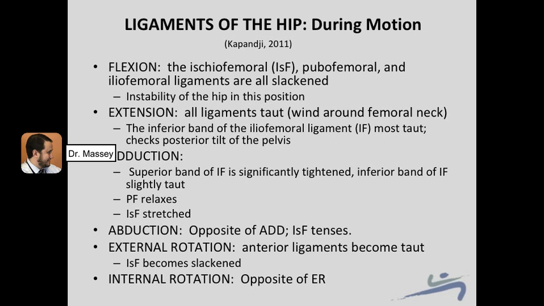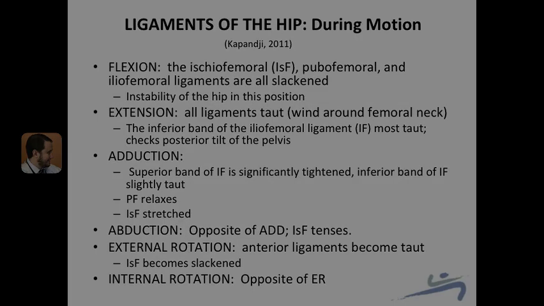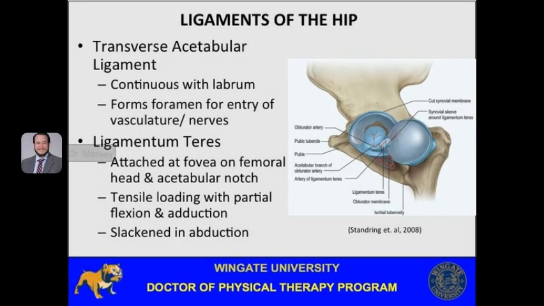And this is just a written summary of what was discussed on the last slide for your reference. And here our transverse acetabular ligament, again connecting that anterior and posterior most aspect of our lunate shaped acetabulum, and being that completion inferiorly of the acetabulum there.